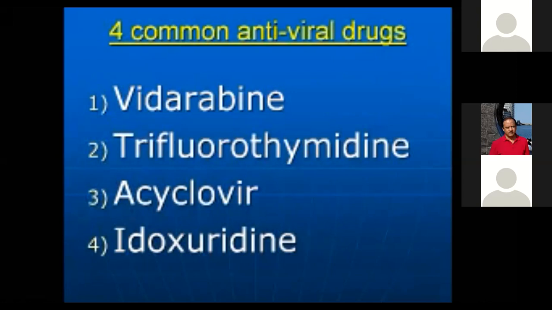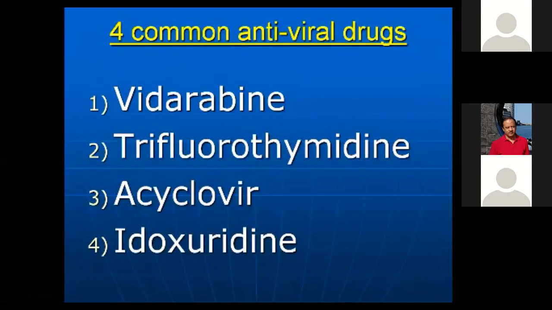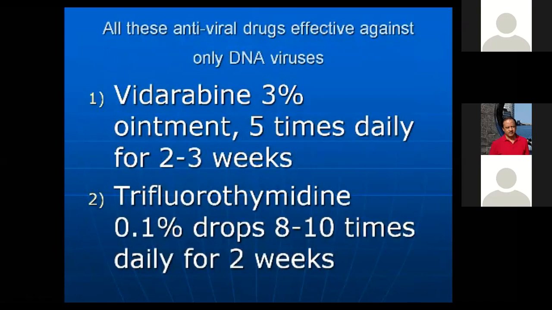And these are vidarabine, trifluorothymidine, acyclovir, and idoxuridine. These are the four drugs which have antiviral properties. Just remember, all these antiviral drugs, which are available either in the form of drops or ointment, are effective against only DNA viruses. They have no effect against RNA.